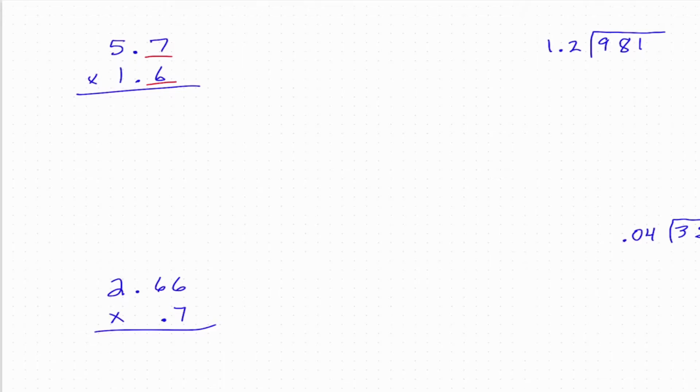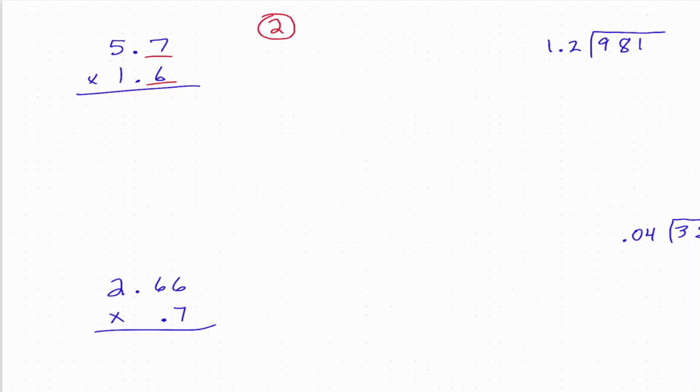What I want you to do, if this helps you think about it a little bit, is write that number of decimals off to the side somewhere and circle it, so you know that's the number of decimals you're going to put into your answer once you're finished.